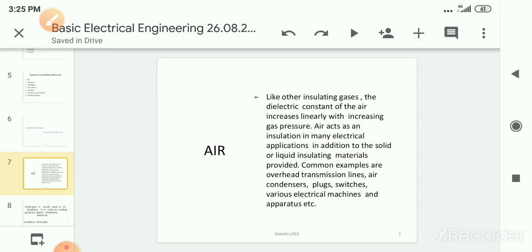Common examples are overhead transmission lines, air condensers, plugs, switches, various electrical machines, and apparatus.